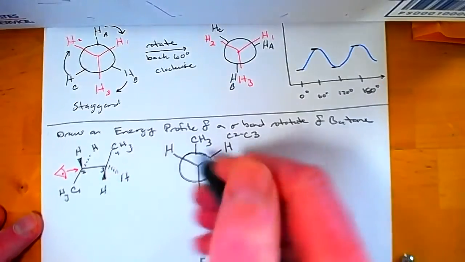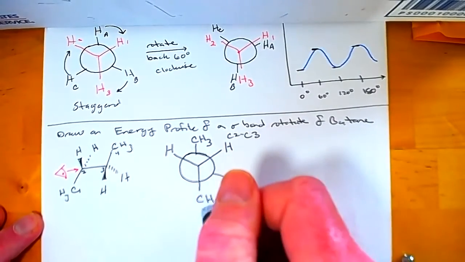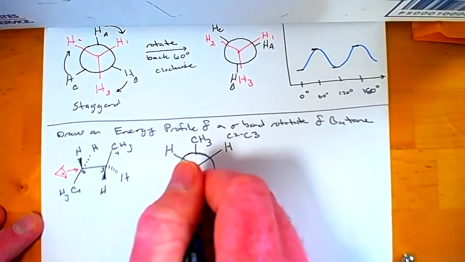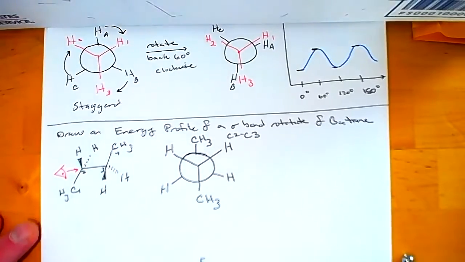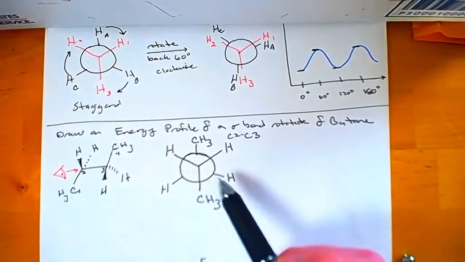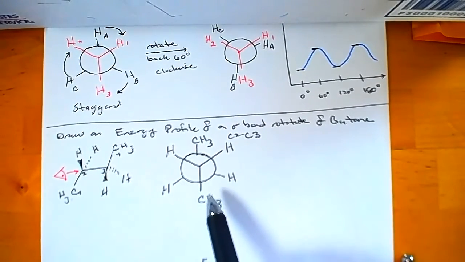Then you would have 1 hydrogen atom that would be pointing on the side where the hydrogen atom was drawn up, between that and the methyl group. And then the other hydrogen atom would be between the hydrogen atom that's drawn back and the methyl group, like so.